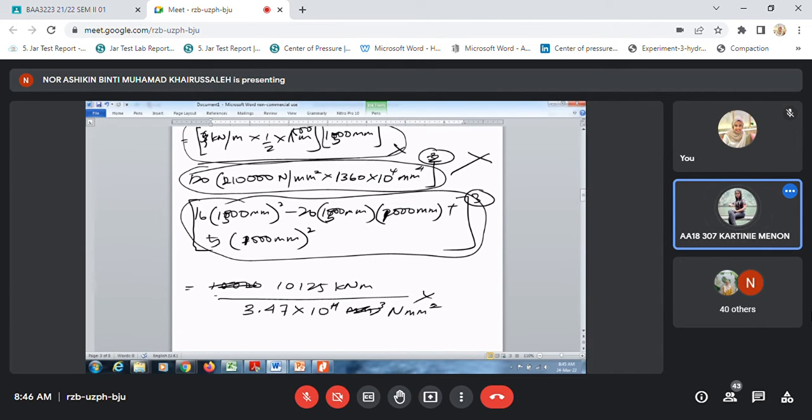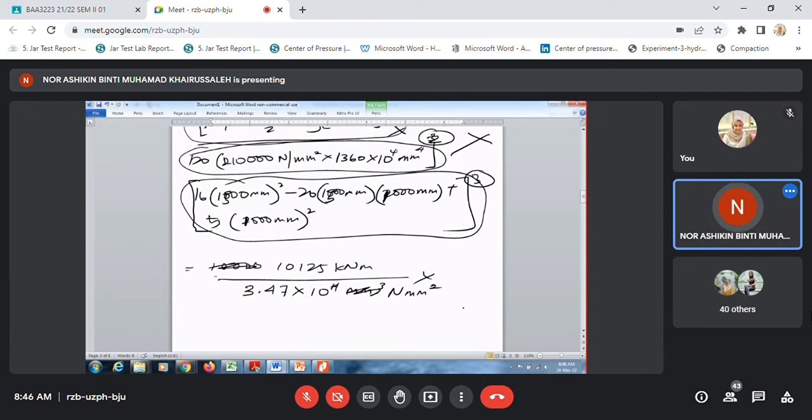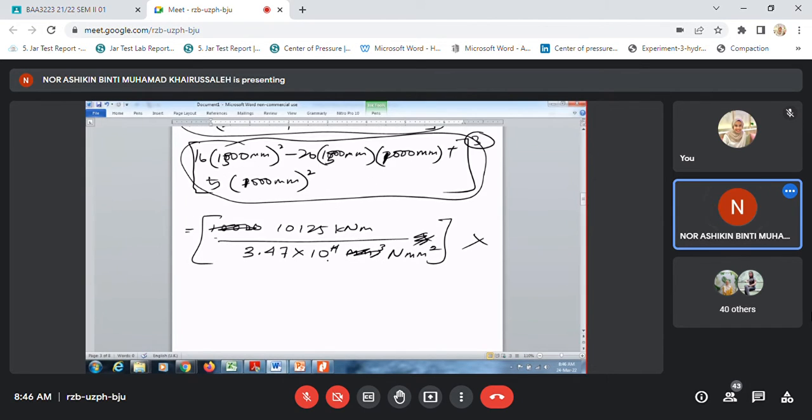So what is the third? 1.1 times 10 to the power of 7 millimeters squared.